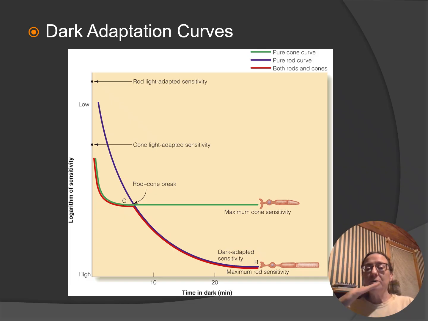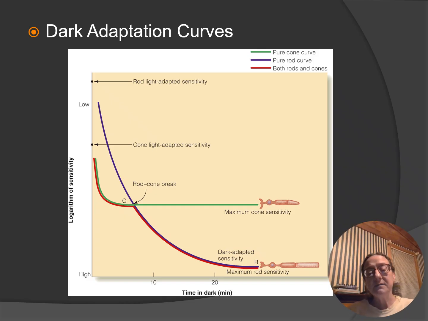So again, my threshold going down, showing that I'm becoming more sensitive, right, to the light. And we get to our maximum sensitivity at about 25, 30 minutes out. And I'm hoping that sounds a little bit familiar with going back to the time it takes for regeneration. For the cones, about 6 minutes. For the rods, about 30 minutes.